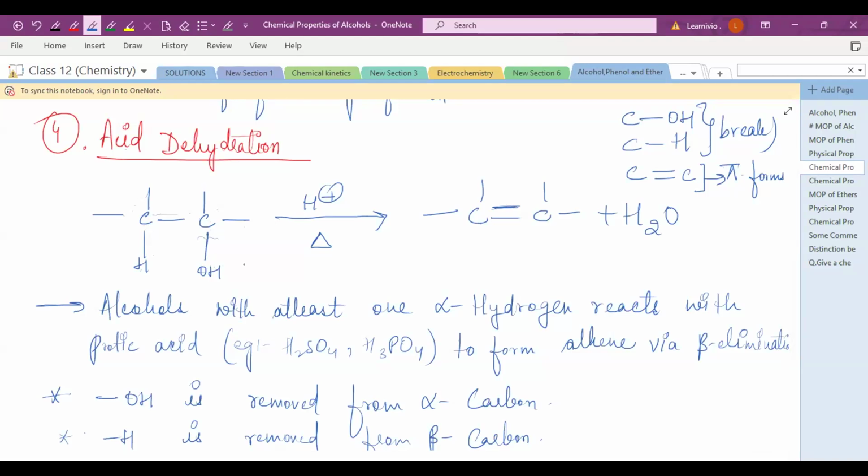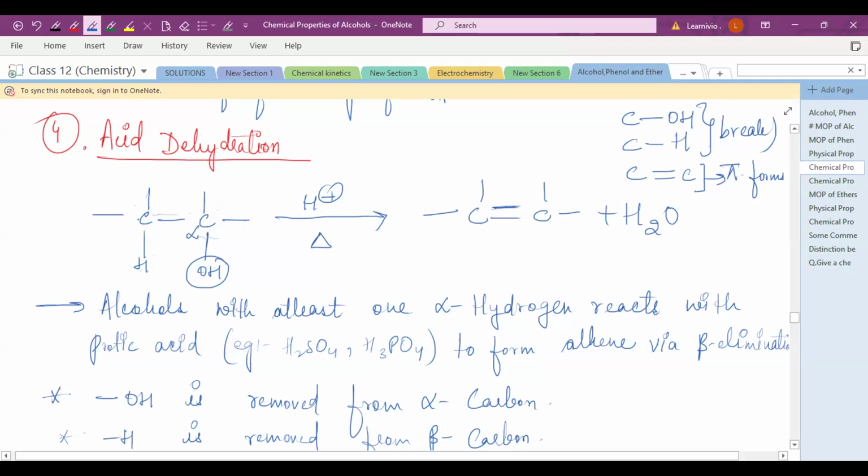This is the condition for this reaction, right? So this is the OH. OH is attached to this carbon, so this is the alpha carbon, and the hydrogens present on this alpha carbon, suppose one hydrogen is present, so this is the alpha hydrogen. Okay. So the hydrogen which is attached to the alpha carbon is known as alpha hydrogen.